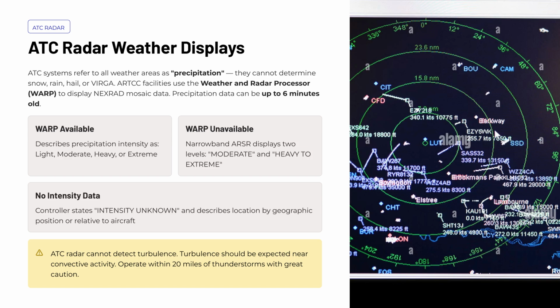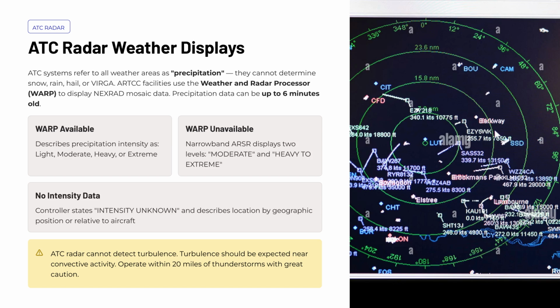Most air route traffic control centers use the Weather and Radar Processor, or WARP, which displays NEXRAD mosaic data. When WARP is available, precipitation intensity is described as light, moderate, heavy, or extreme. However, that data can be up to 6 minutes old, meaning conditions may have changed significantly from what the controller is describing.